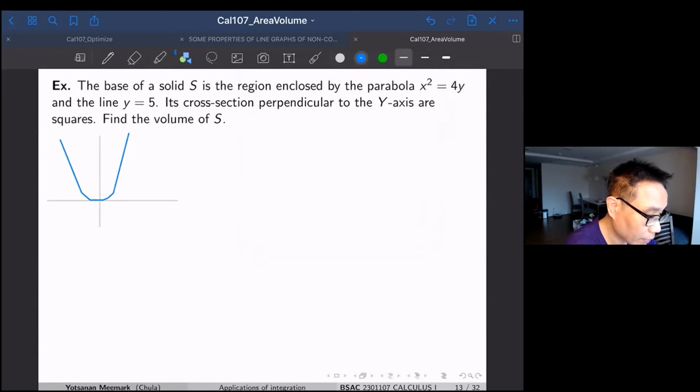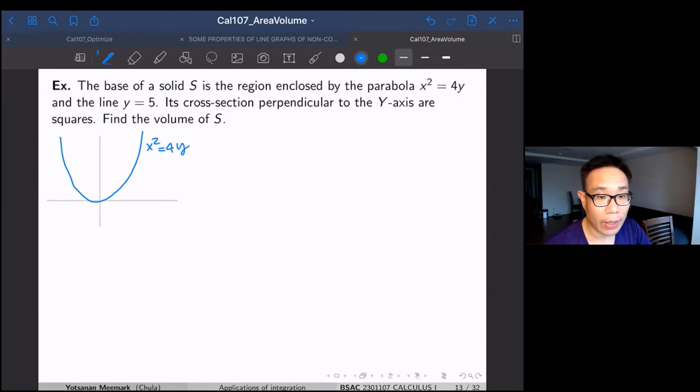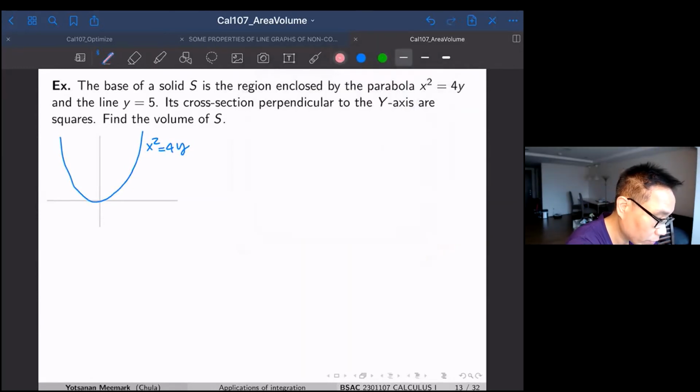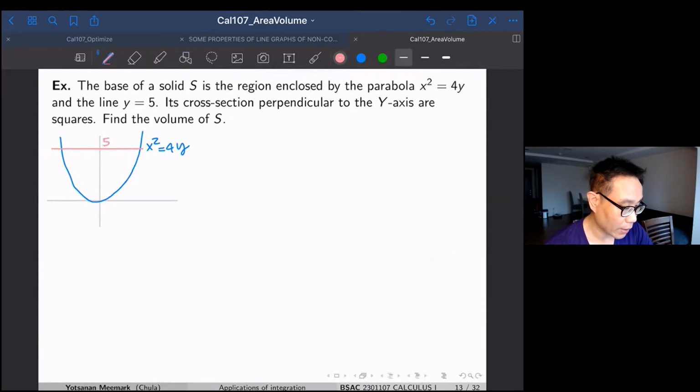So you have x squared equal to 4y, so it's going to give you a parabola. And you have the line y equal to 5, and you have this intersection here and here, okay?